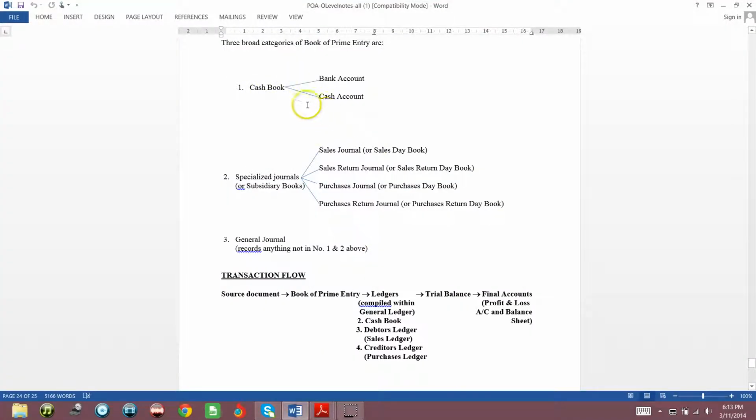So now, whatever receipt and payment I will record in my cash book, and all the credit sales and credit purchases of my normal goods of my business I'll record in my sales journal and purchase journal. Those who return the goods and offset against account, I will put in my sales return journal, and similarly purchases that are offset against account, I will record in my purchases return journal.